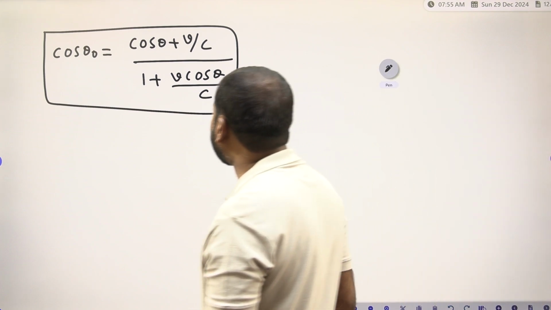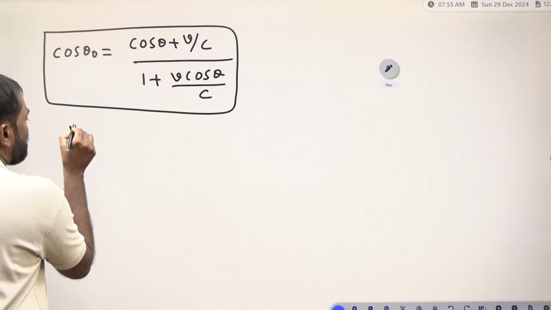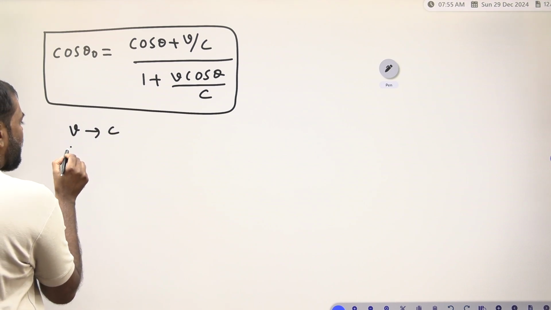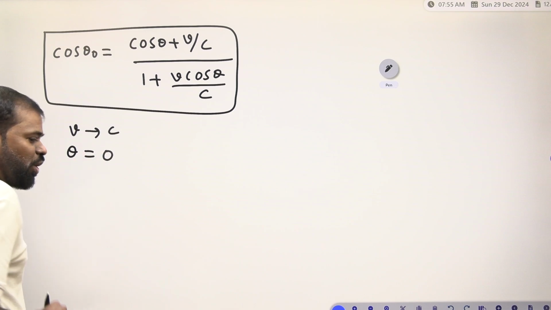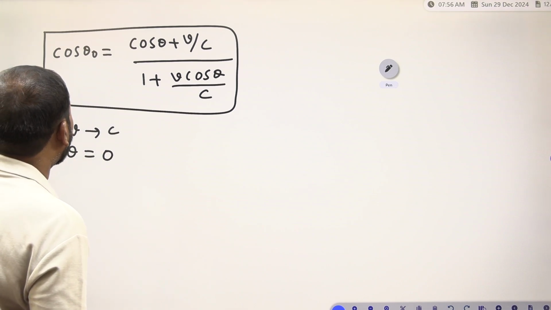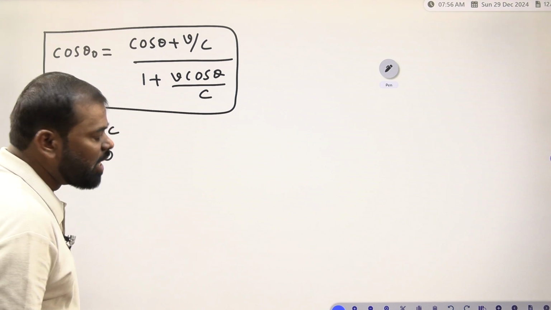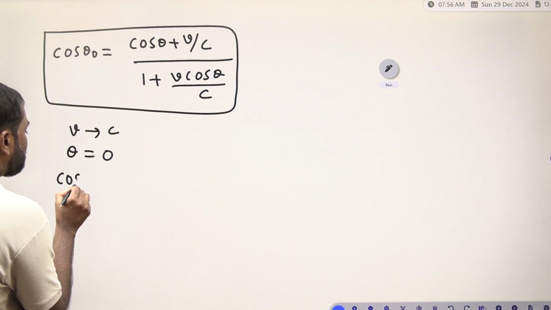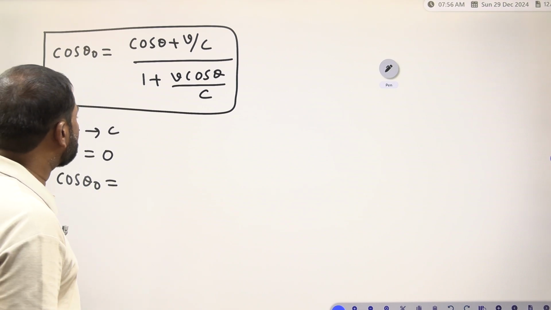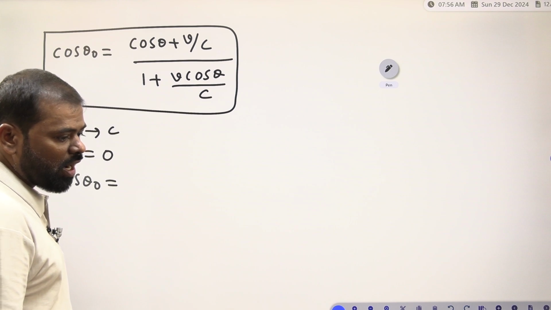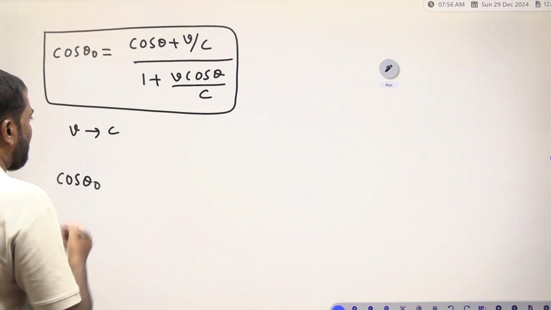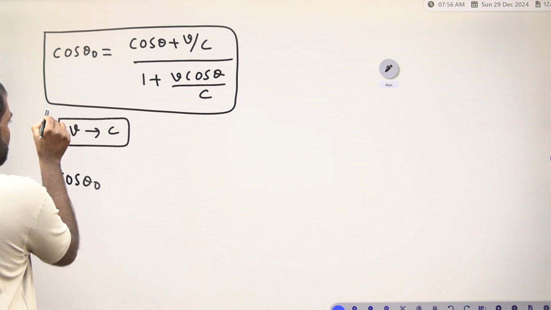If v tends to c, v is equal to c, and then you have to consider theta is equal to 0. If v is equal to c and theta is equal to 0, so what will happen once you see here?